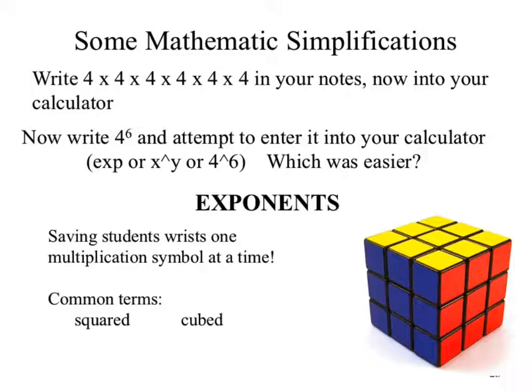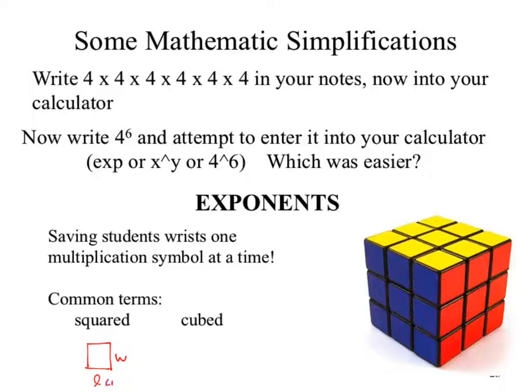For instance, squared. That's to the 2nd power. Why? What happens if I look at a square? How would I measure its area? Length times width.